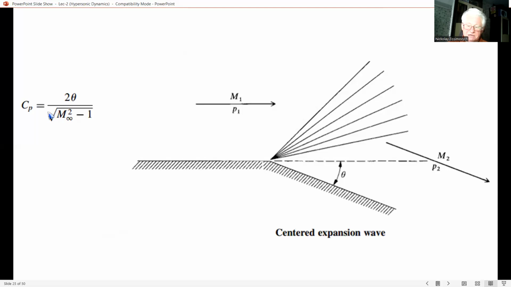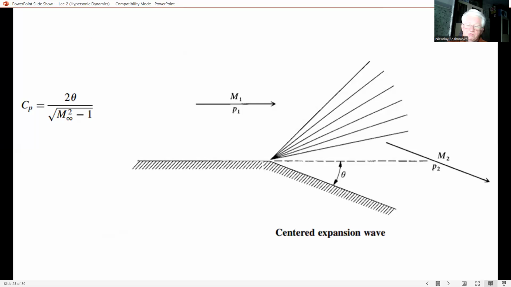Here M infinity is the free stream Mach number. Okay? And this whole expression is a classical result from inviscid linearized two-dimensional supersonic flow theory. It is simple and easy to apply. Unfortunately, it is not valid at hypersonic speed, for reasons to be discussed a bit later.